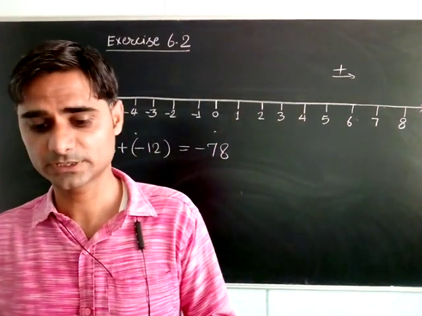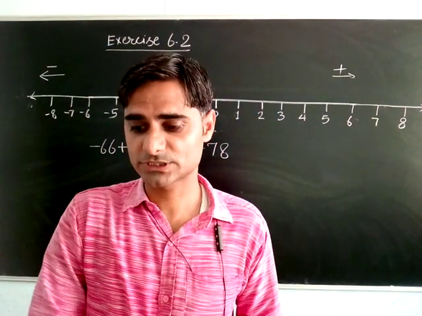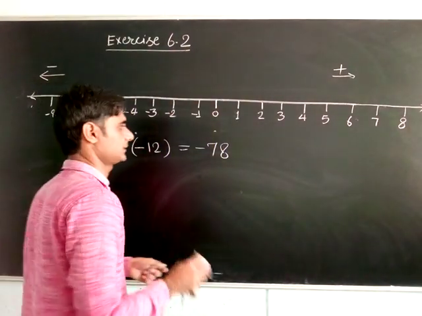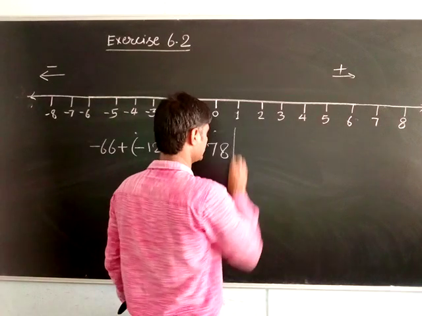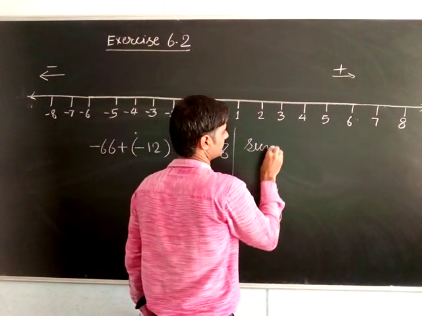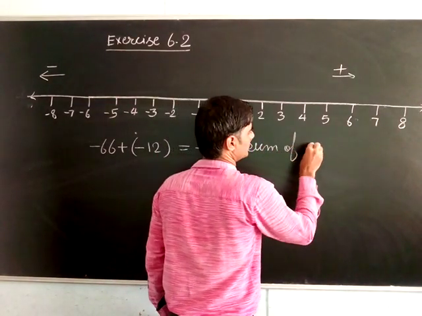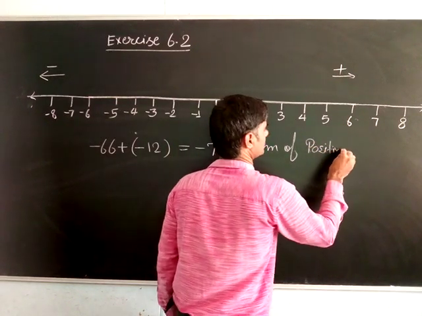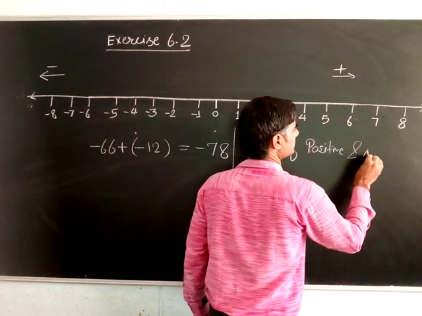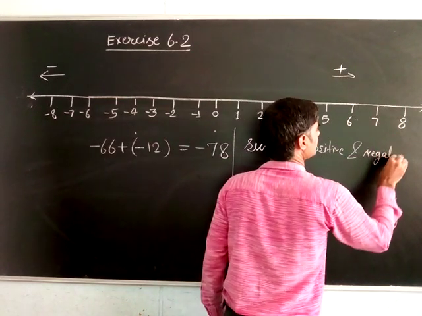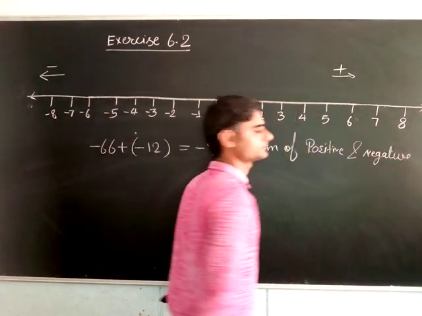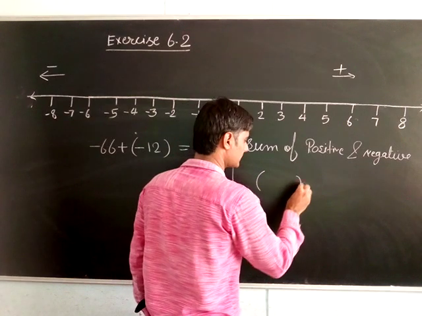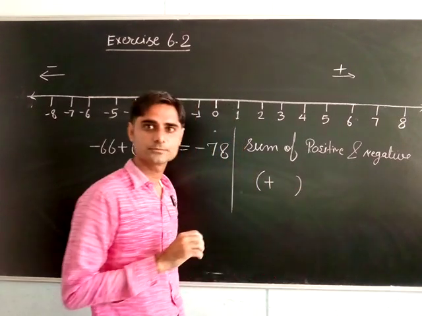Next question is very important. The sum of a positive number and a negative number will be. See, sum of positive and negative. Look carefully. Sum of positive and negative. Positive, negative means, see, here we have a number that will be positive.